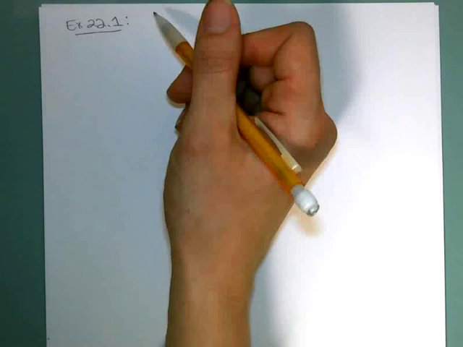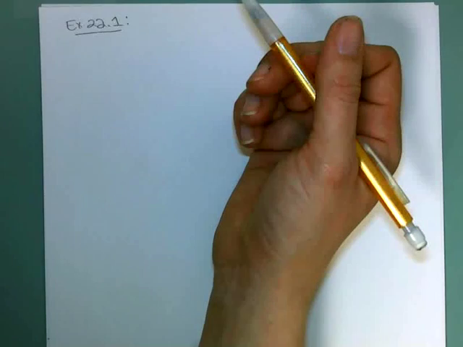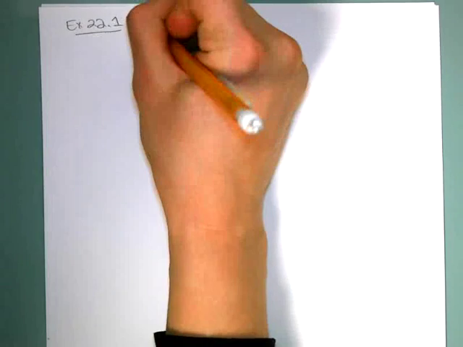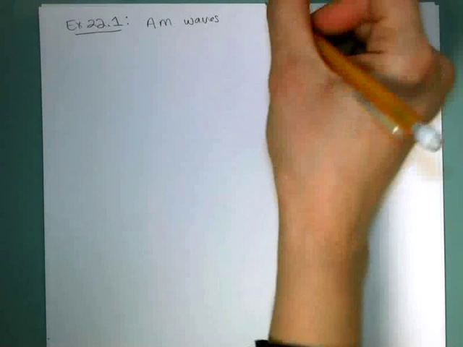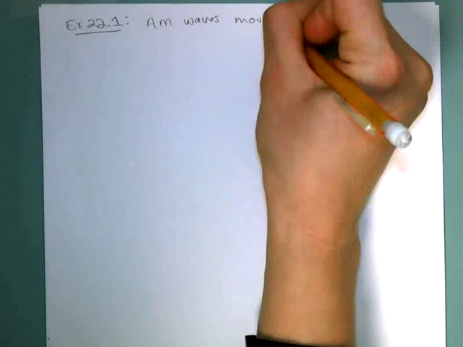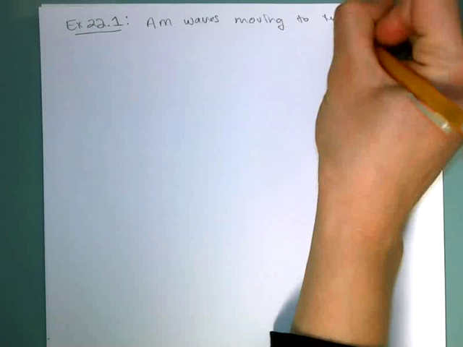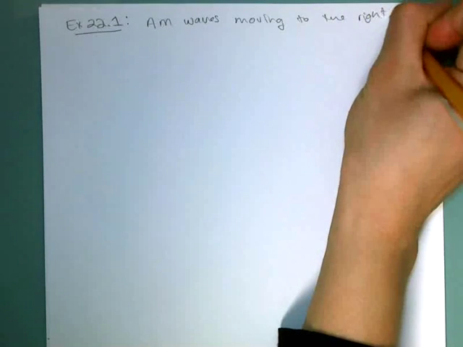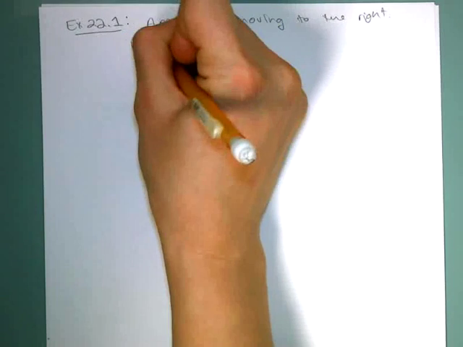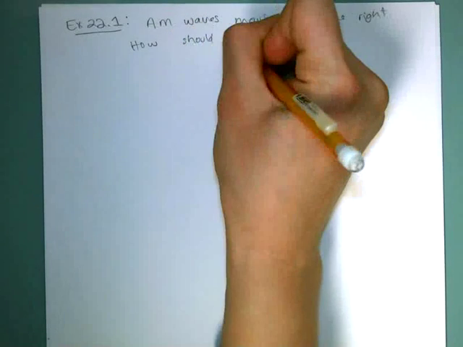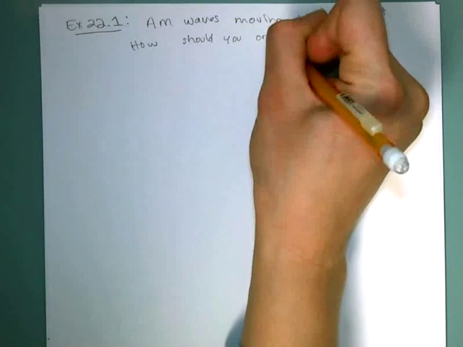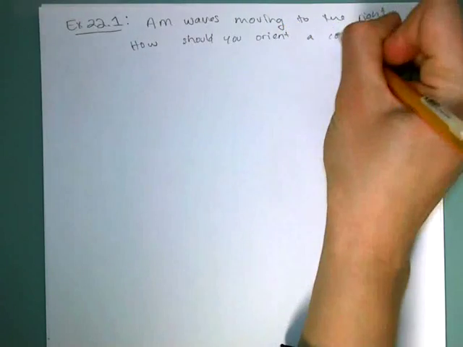I want to design a coil for an AM wave, and I want to figure out how I should orient that coil to make my radio detect the wave. So I have AM waves moving to the right. How should you orient the coil antenna?